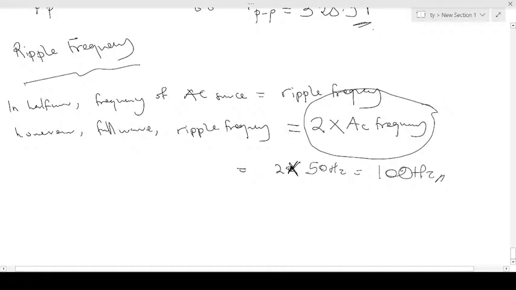Now, what is our percentage ripple, which is the final thing we will be finding in this example?